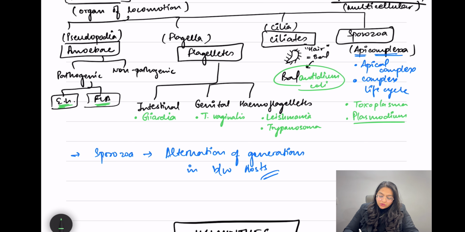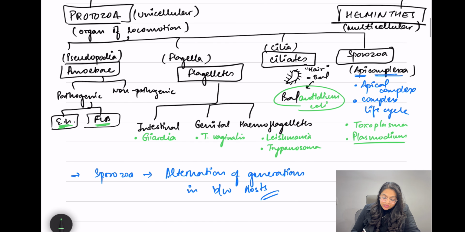Classification: protozoa are unicellular, helminths are multicellular. Amongst the protozoa, depending on the organ of locomotion, they can be pseudopodia amoebae, flagella flagellate, cilia ciliate, sporozoa epicomplexa. There is also another class called microsporidia, but that is controversial because some call it a part of fungi, some call it a part of parasites.